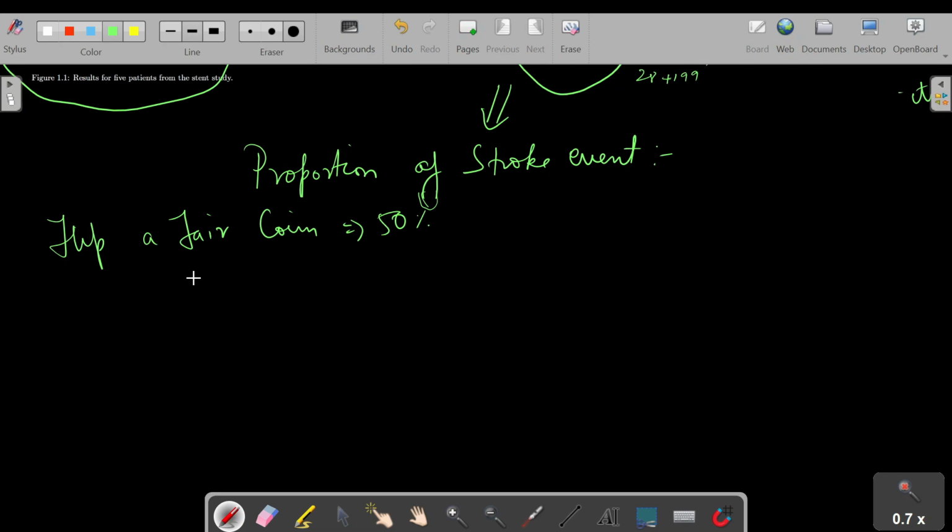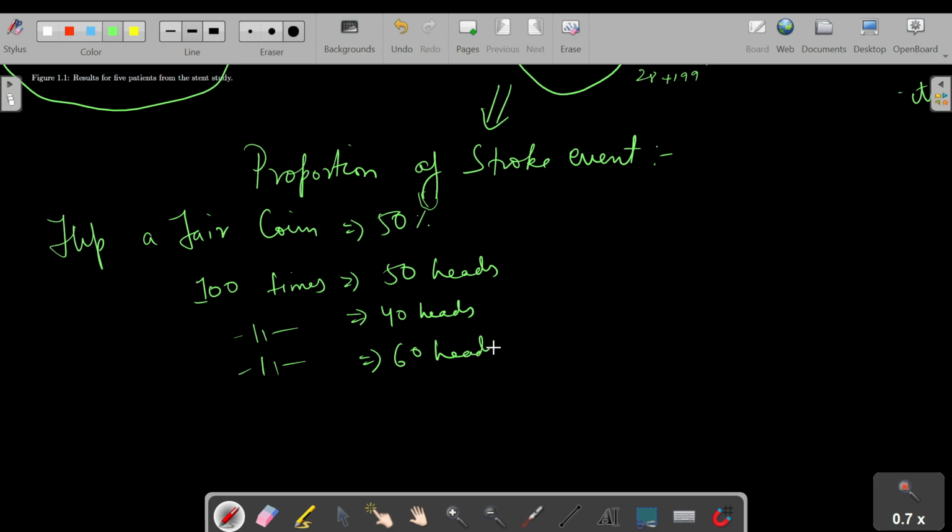That means suppose you flip a coin 100 times, ideally you should get 50 heads, but that's not the case. You can get 40 heads if you flip a coin 100 times in one experiment, and in another experiment when you flip a coin 100 times you might get 60 heads.